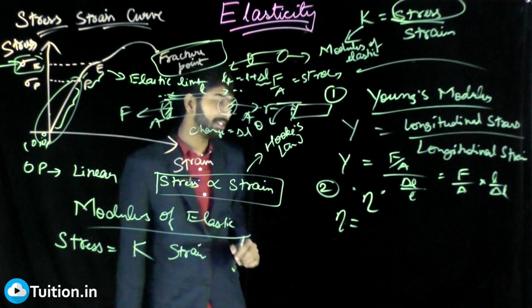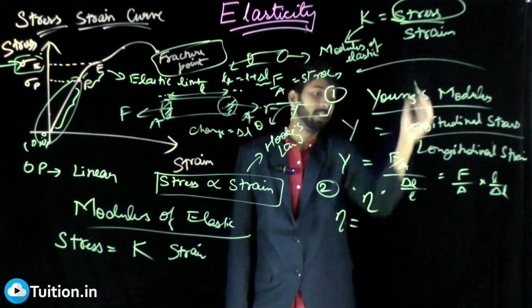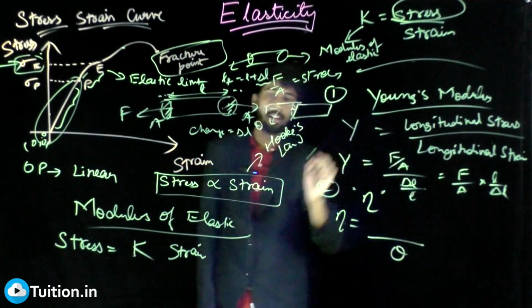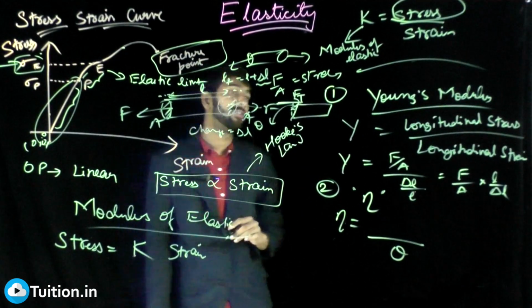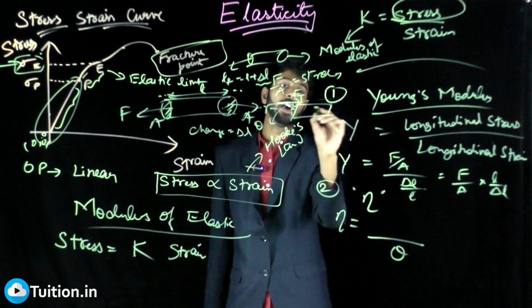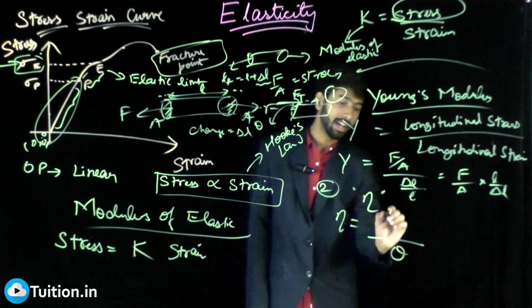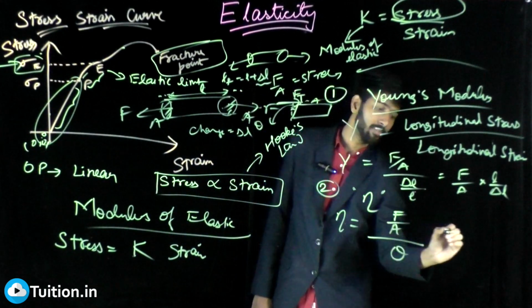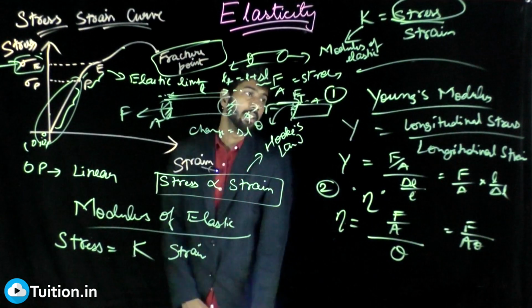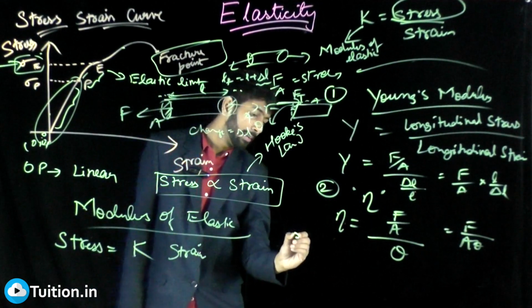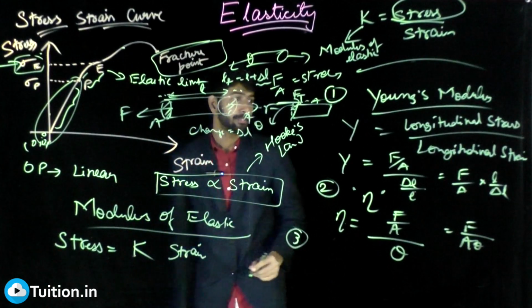Theta was the strain. So strain comes in the denominator. So eta is something by theta. And what is this something? This is the tangential force Ft, and the area of the cross section of the surface was A, right? So F by A. So eta is nothing but F by A theta. And that's all that you have to use in the problems. It's pretty simple, right?